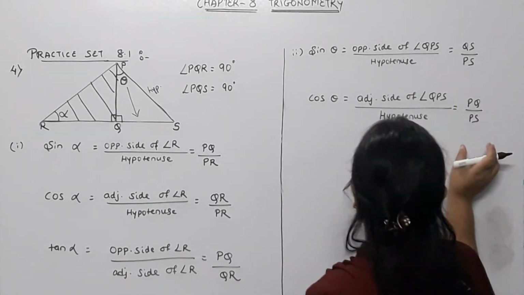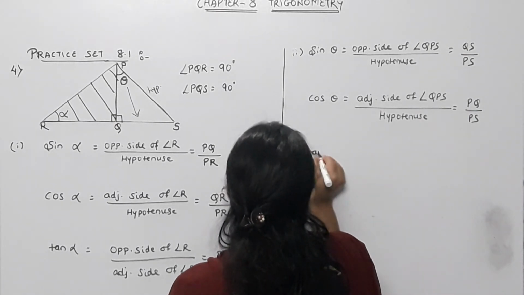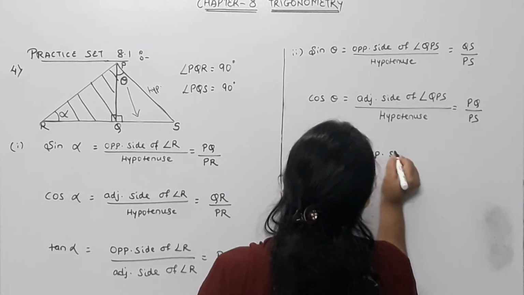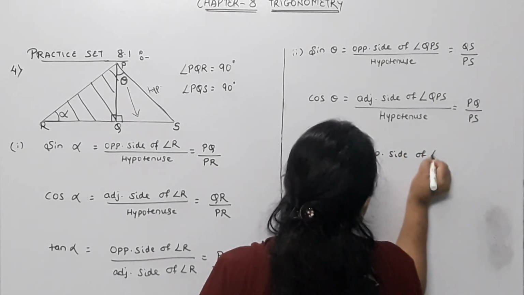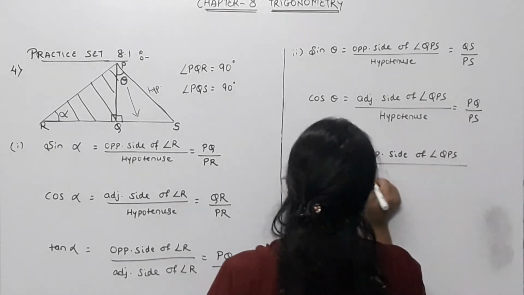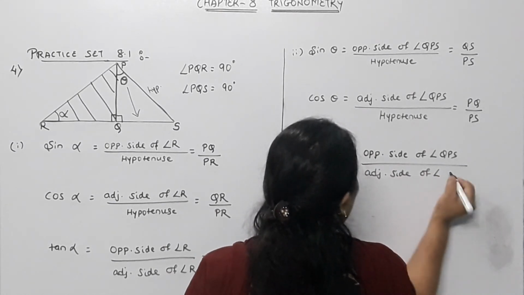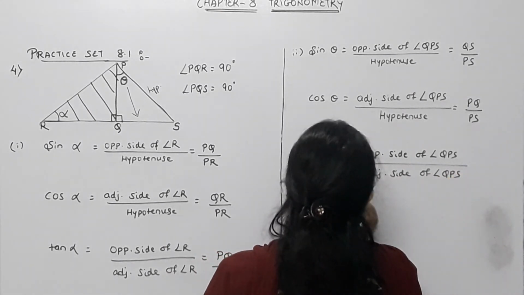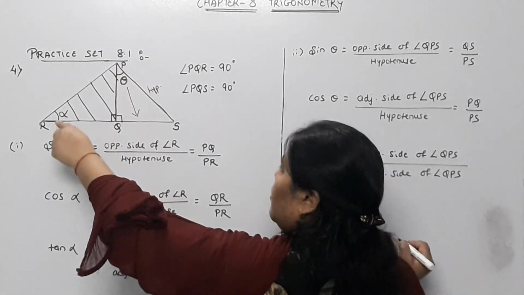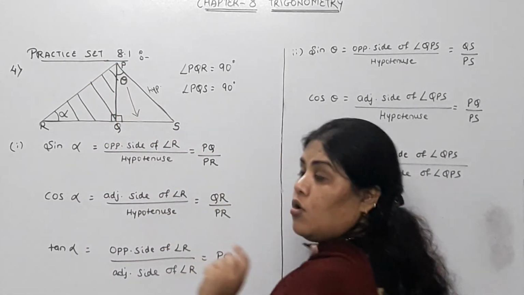So PQ upon PS is the ratio for cos theta, and tan theta equals opposite side upon adjacent, right? Opposite side of angle QPS upon adjacent side of angle QPS. Because if we write simply angle P, we can wrongly consider it as RPS, which is wrong.